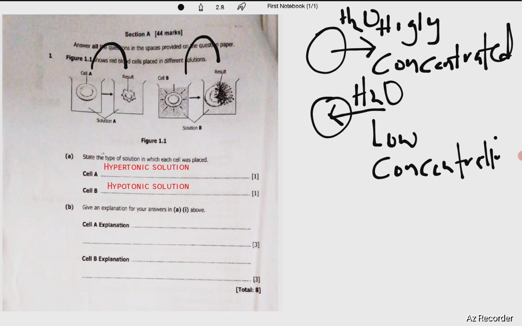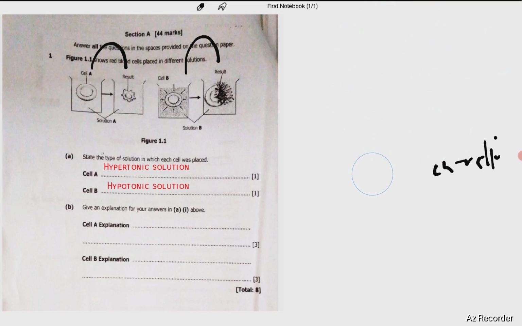Then B says give an explanation for your answers. So here is the explanation that we are going to give. For cell A, since we've already said it was placed in a hypertonic solution, we can say water moved out of cell A via the process of osmosis.